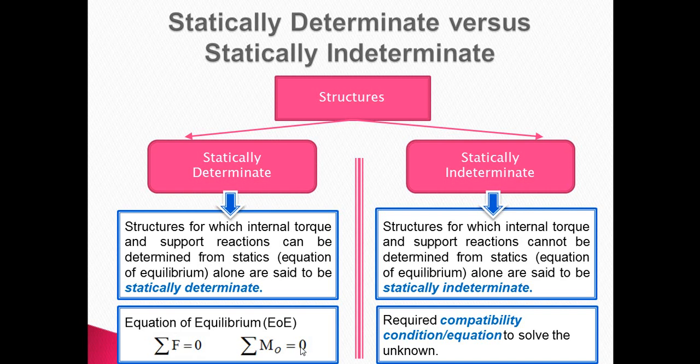Meanwhile, structures for which internal torque and support reaction cannot be determined from the static equilibrium equations alone are said to be statically indeterminate. For a statically indeterminate structure, the compatibility condition or compatibility equation is required in order to solve for the unknowns. Now the question: what is the compatibility condition? I will explain and answer it in the next slide.